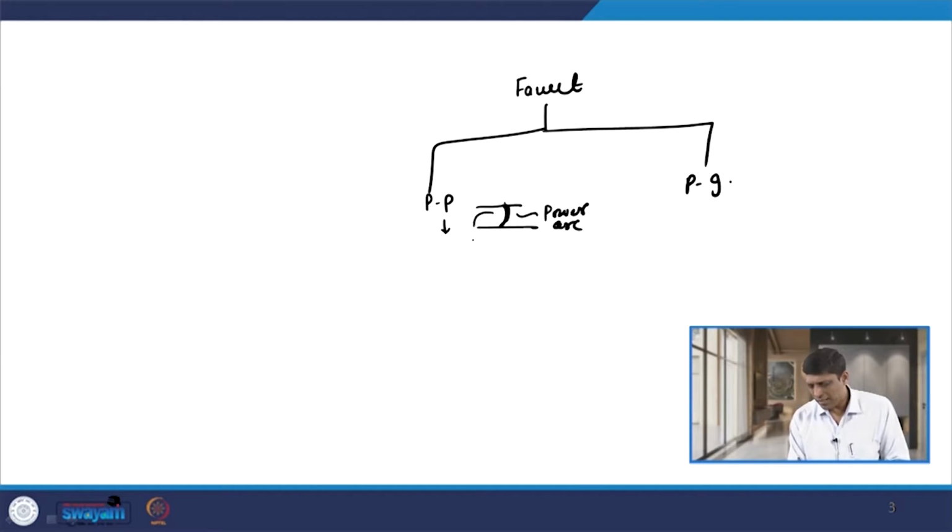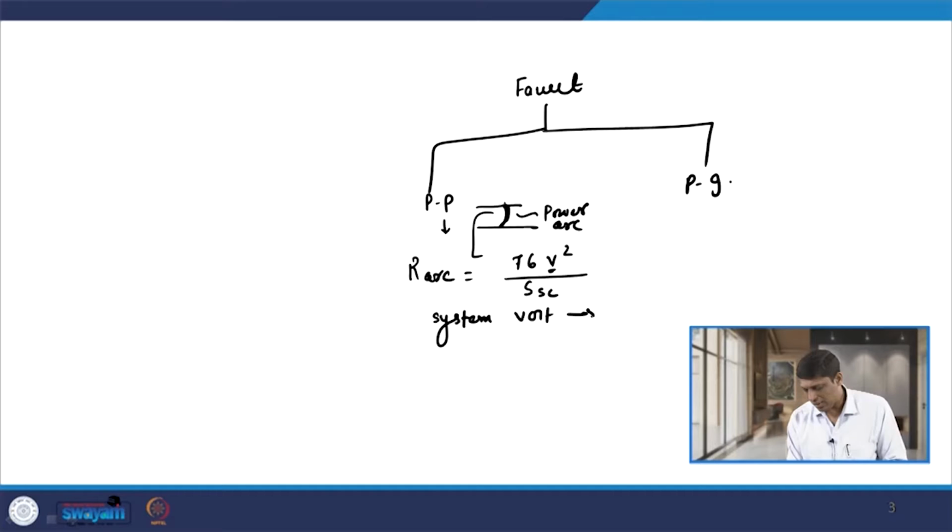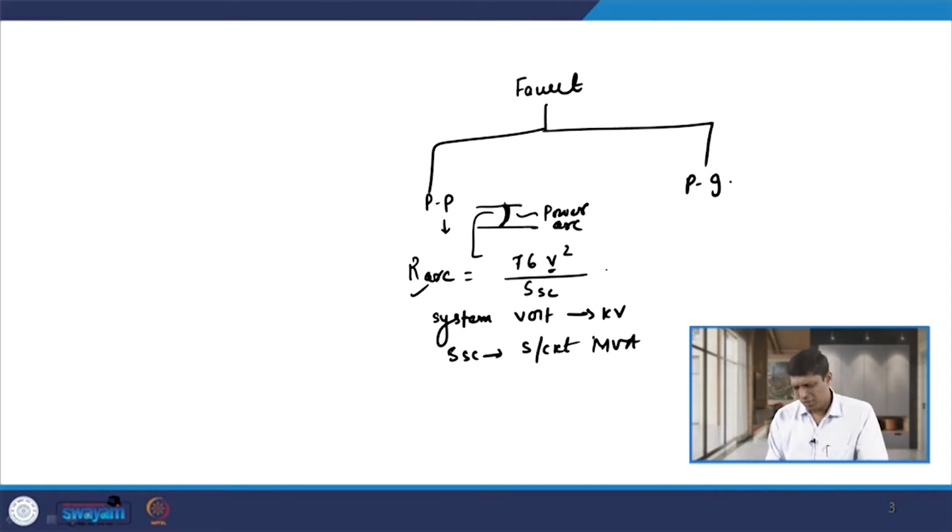When a power arc is there, you can obtain the value of arc resistance with an empirical formula, 76 V square by SSC, where V is the system voltage in kV and SSC is the short circuit fault MVA at the location of fault.